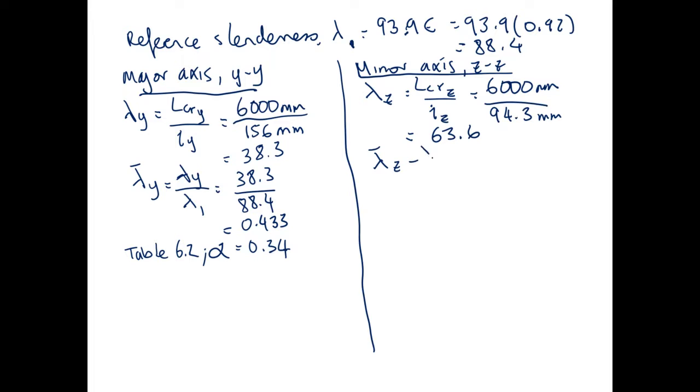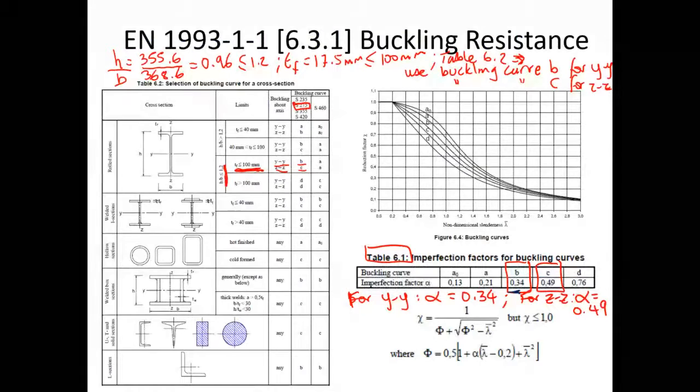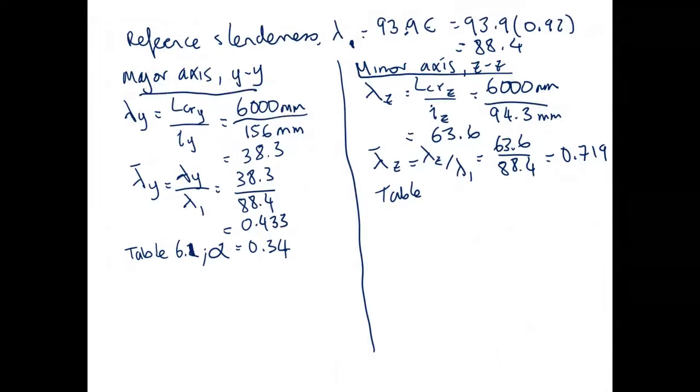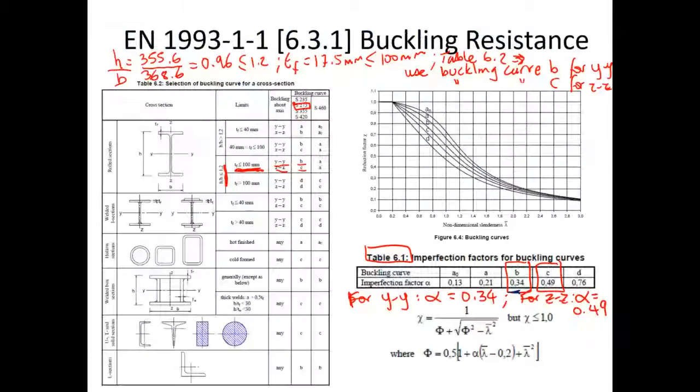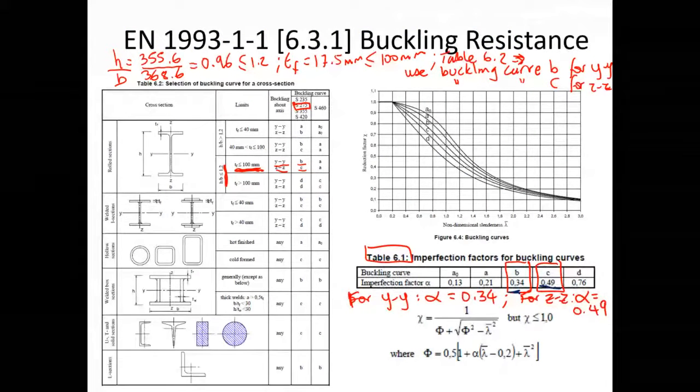The normalized slenderness value is equal to the slenderness value of the Z divided by the reference value. So 63.6 divided by 88.4, and that's 0.719. And then we know from the table, which table is it again? 6.1, that's supposed to be table 6.1. Alpha we got from table 6.1 is 0.49.